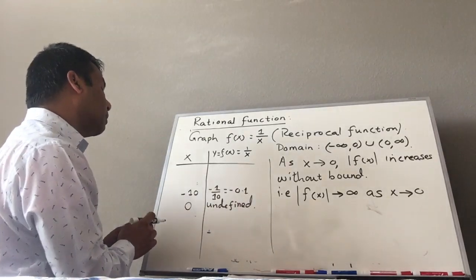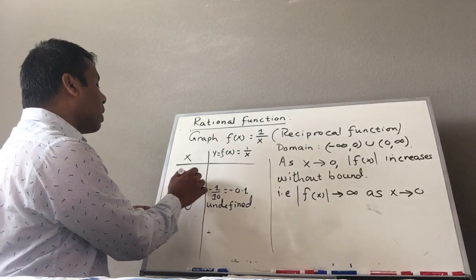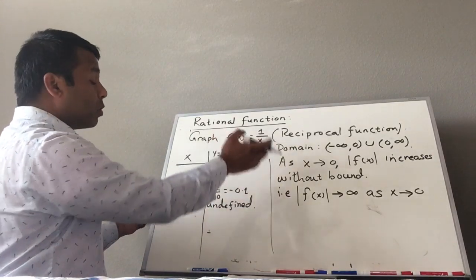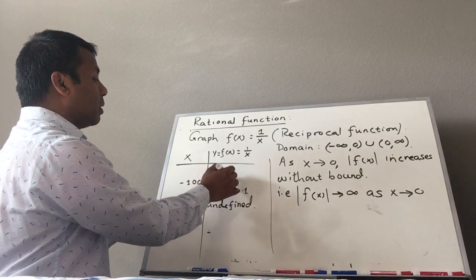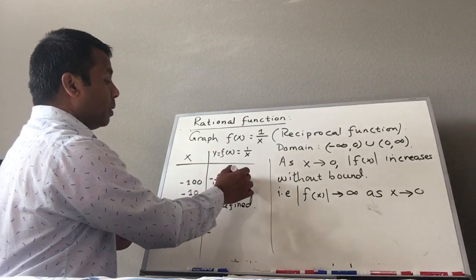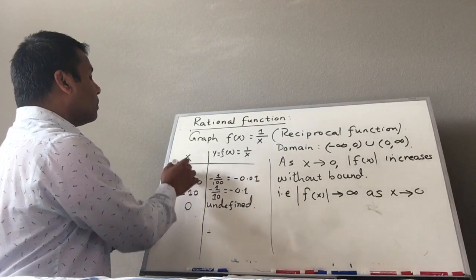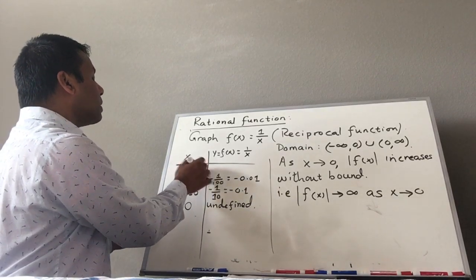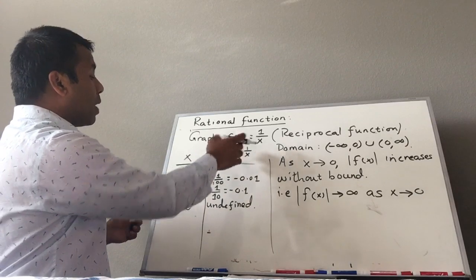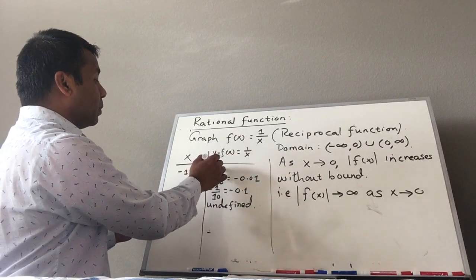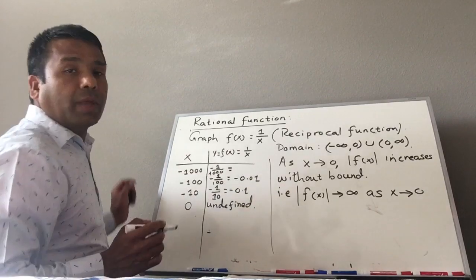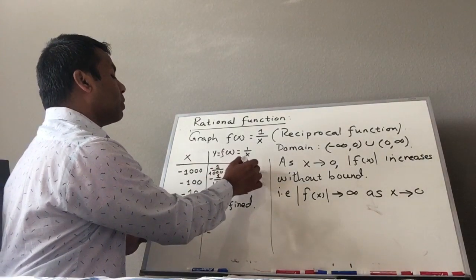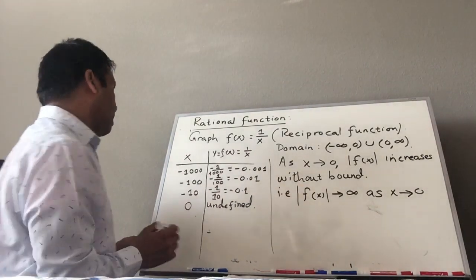If I have negative 100, it will be 1 over negative 100, which is negative 0.01. And if I have negative 1000, then 1 over negative 1000 gives me negative 0.001.